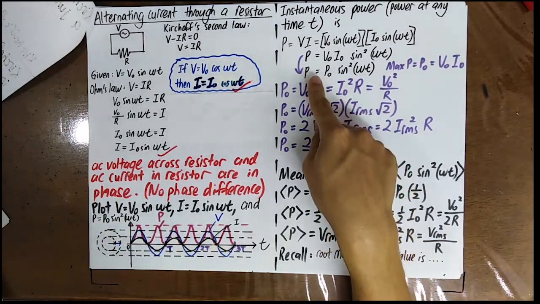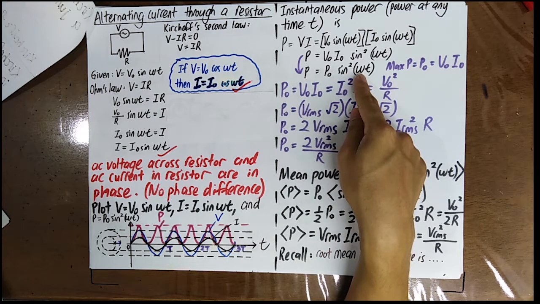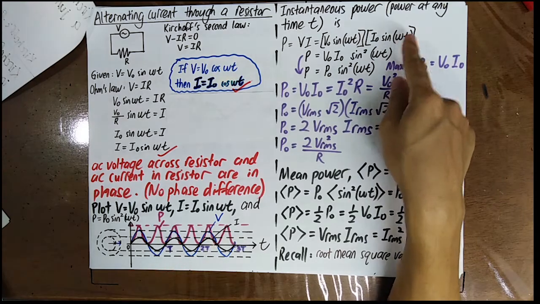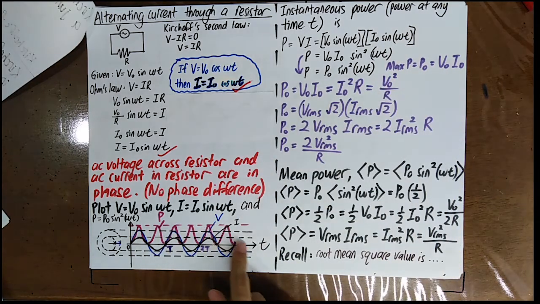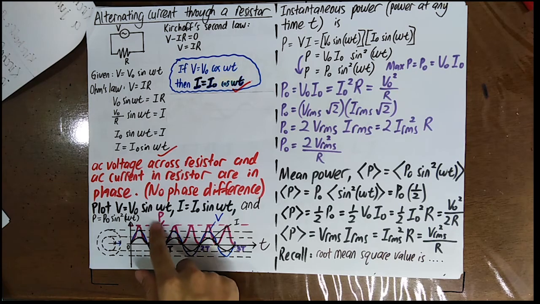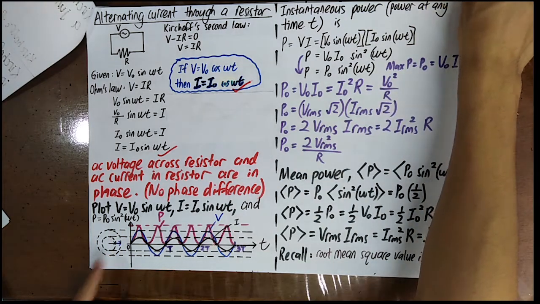Okay, you know that the power is a sine square function when V is a sine function and I is a sine function. So you can plot them on the same graph. V is a sine function, I is a sine function. So P is a sine square function. And then this is the phasor diagram.